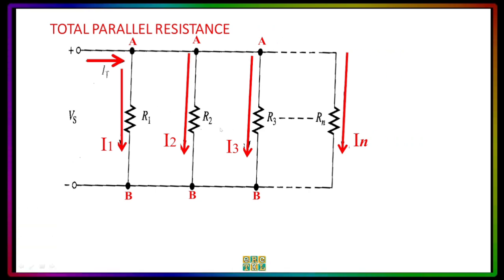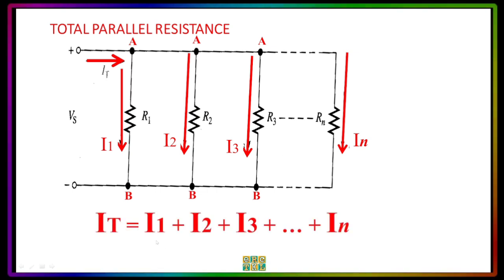Now, this is another example of the representation as a schematic diagram for the total parallel resistance. As you can see on the left side, we have the voltage source, which has a corresponding I total, and the I total is divided into four: I1, I2, I3, and up to I4 if there are four, but this is N. We can take as many resistors as we want in parallel, but the I total will still be divided depending on the number of resistors.